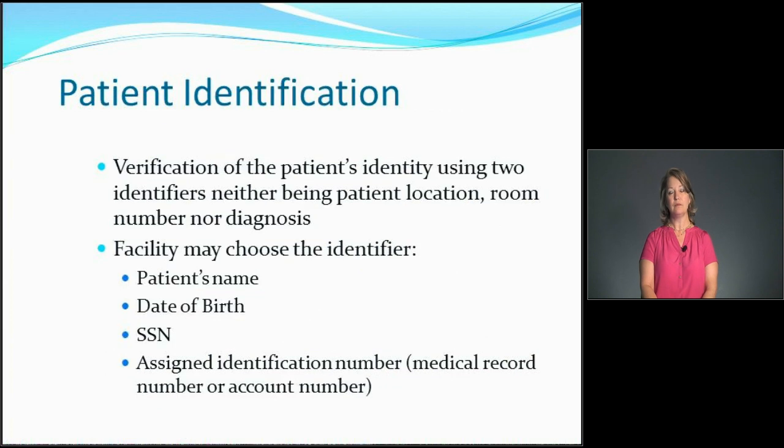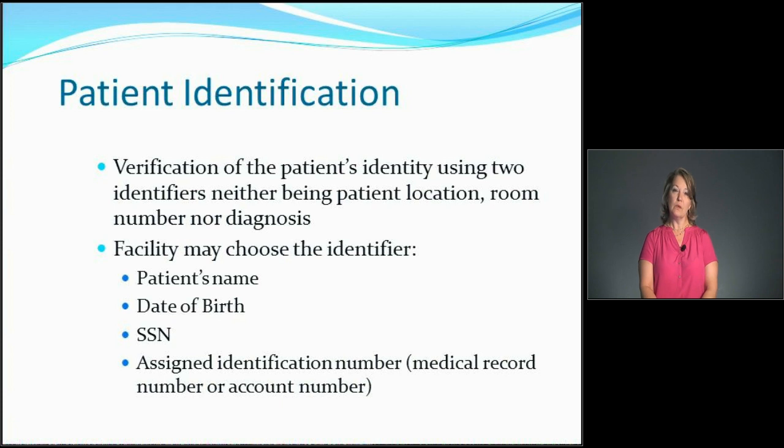So patient identification, of course, is part of Joint Commission National Patient Safety Goals, and you need to use two identifiers. So Joint Commission doesn't say specifically what those identifiers have to be. That's up to your individual organization. However, it does have to be consistent throughout your entire organization.